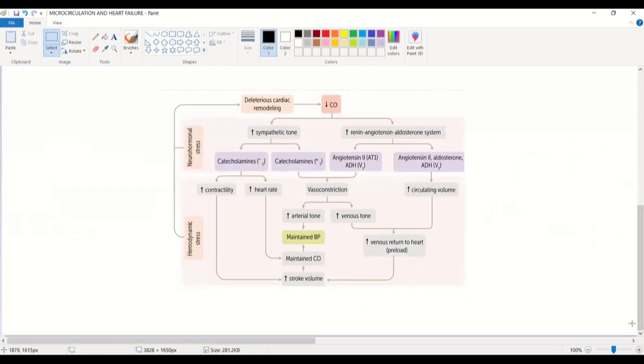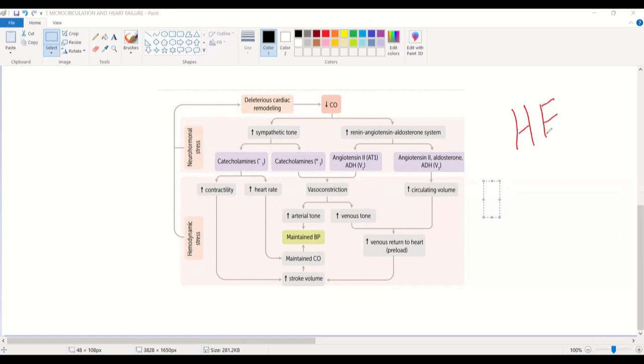So this is the pathophysiology of heart failure, right? Can anybody tell me what heart failure is? Basically, heart failure means the inability of the heart to pump out blood adequately.